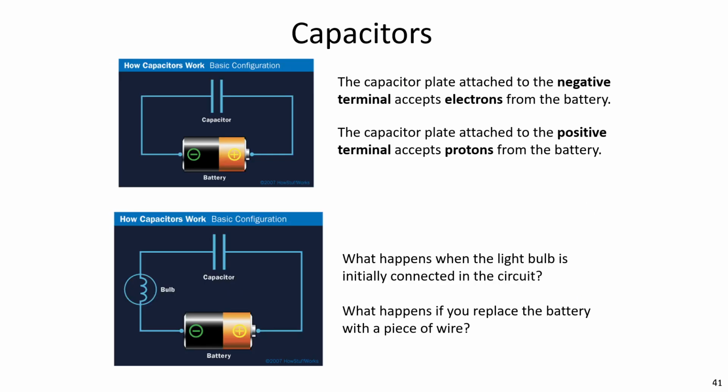So what happens? We put the battery into the capacitor. First, it will store the current, so the current will flow first, until it becomes fully charged. If it's fully charged, no current flows anymore. For example, if the voltage is 1.5 volts, fully charged is 1.5 volts.